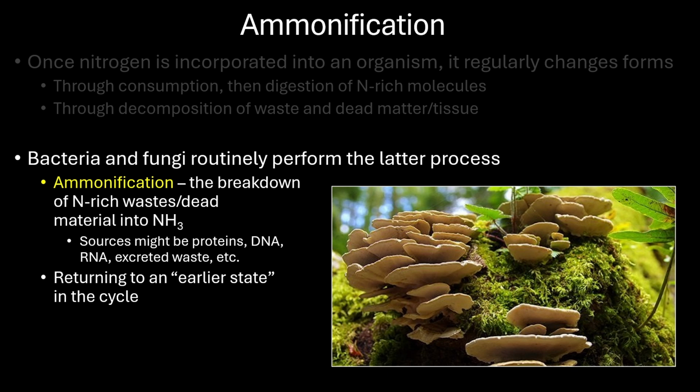So bacteria and fungi are taking these resources that are lost in the environment, or taking the resources from dead things and decomposing them, breaking them down into some other form. A lot of these organisms are doing what we call ammonification. This is the breakdown of nitrogen-rich compounds into ammonia.